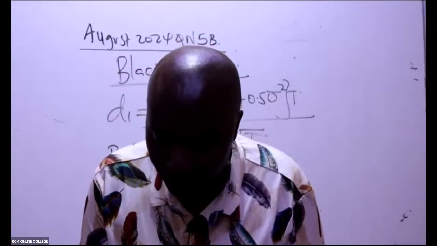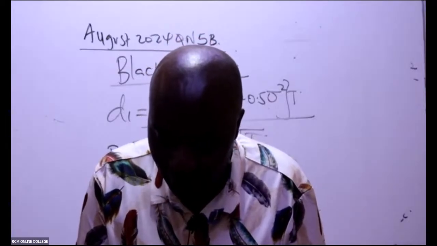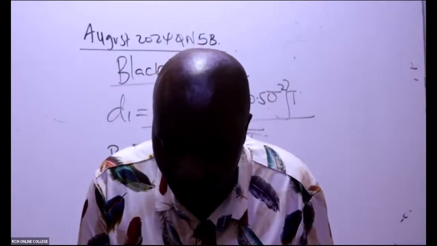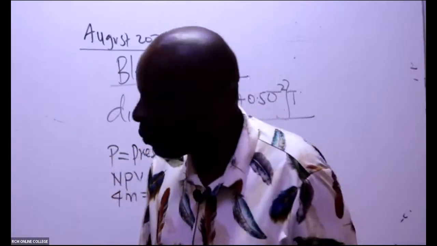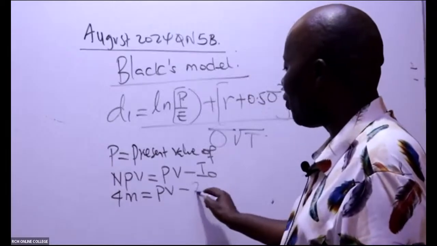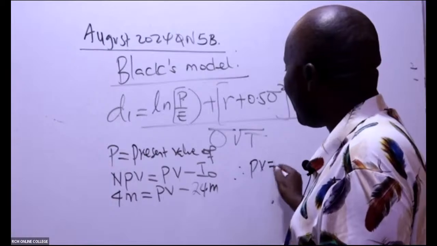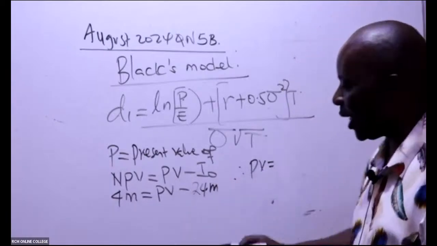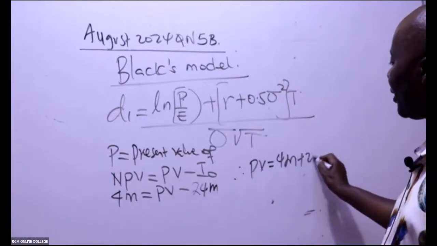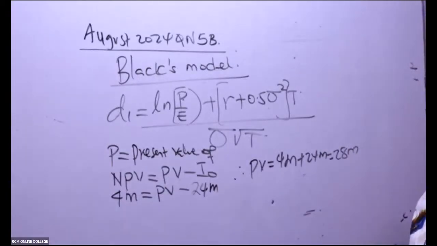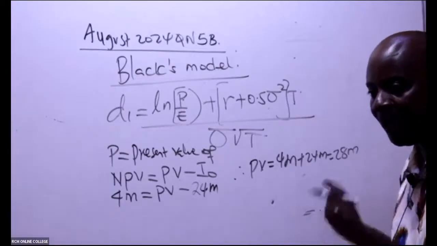It's given there that it has an option to acquire land in Moa Greens Estate at an agreed price of 24 million. Meaning, ladies and gentlemen, that our PV will be, take this to the other side, 4 million plus 24 million, which gives us 28 million. PV will be 28 million.